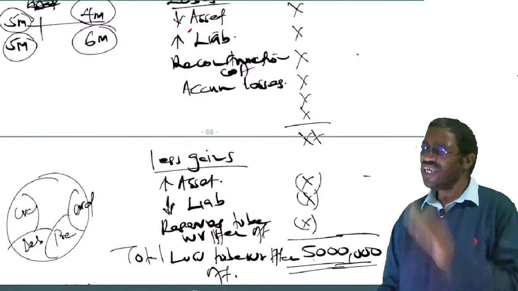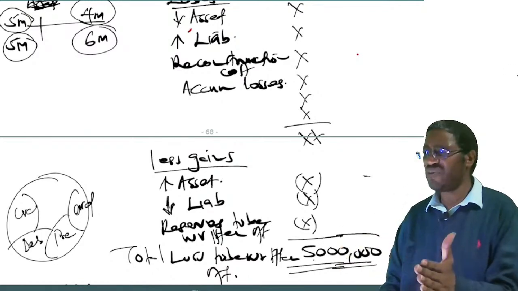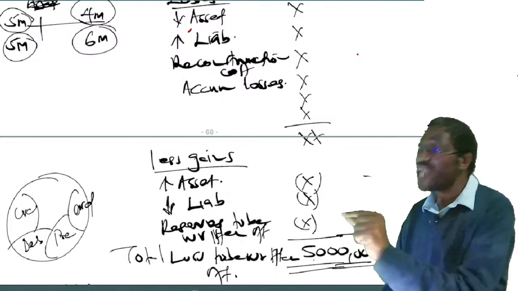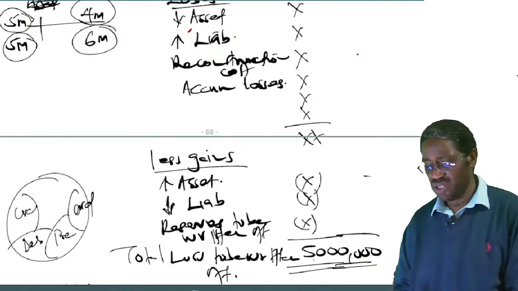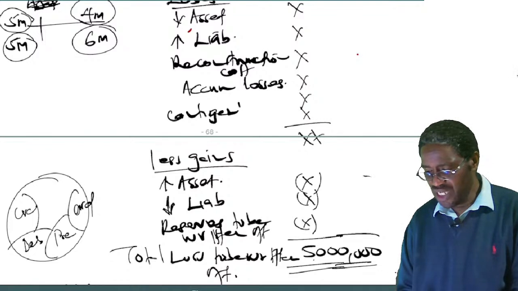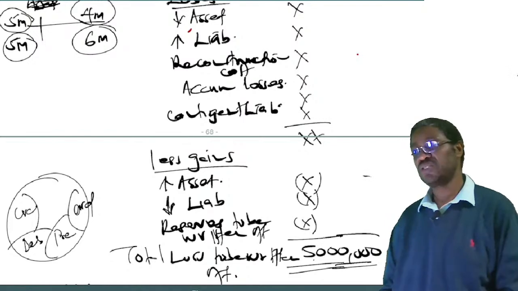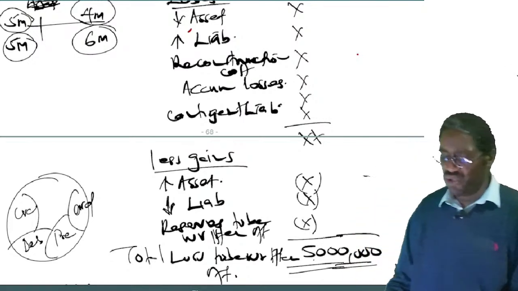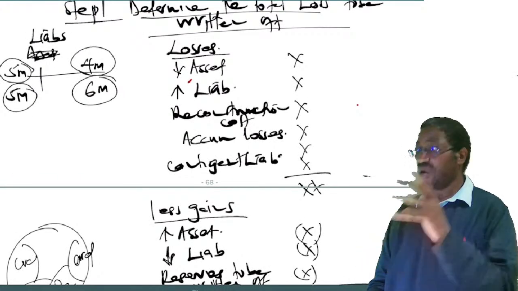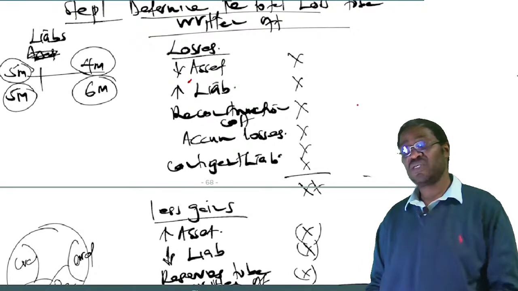Now listen, it means from now onwards, after reconstruction, our company will have a liability which was not there before. So as a company, we are losing. That's a loss. So any contingent liability makes a company to lose. So I have identified for you what are the items that can give rise to losses, what are the items that normally give rise to gains.